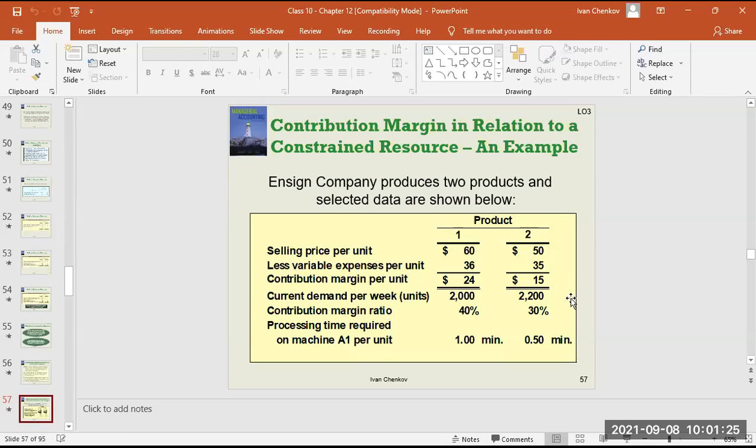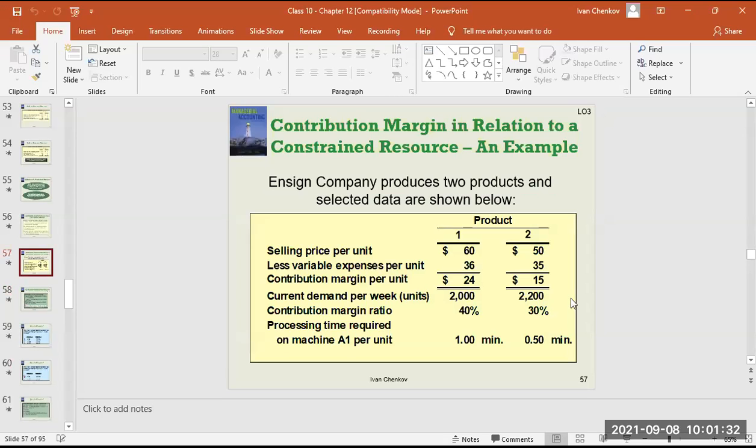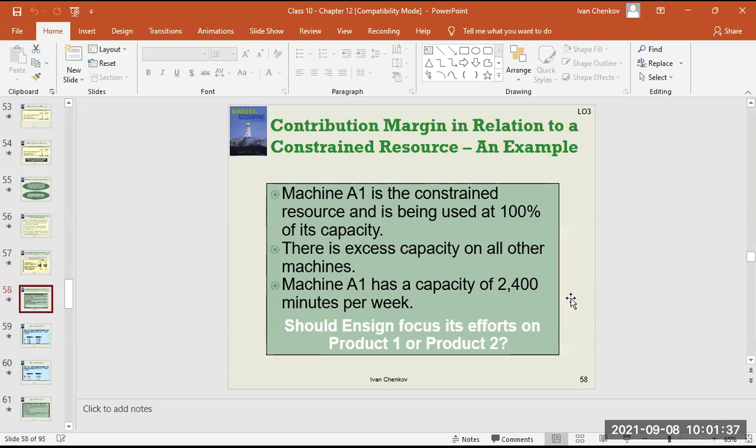Now the question is, what's the contribution margin per minute for those products? That will change the picture here. So machine 1 is the constraint resource and is being used at 100% capacity. There is excess capacity in all other machines. Now machine 1 has the capacity of 2,400 minutes per week.